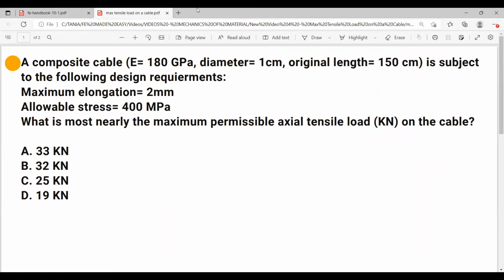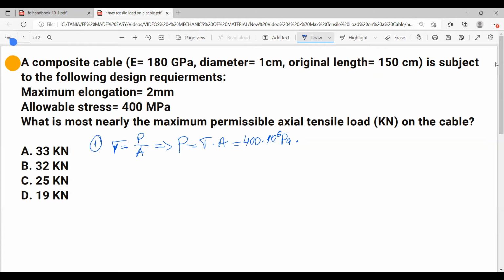So we know that the stress equals the load over the area. And from here, the load equals the stress times the area, which equals 400 times 10 to the 6 pascals times the area, and we have to work in meters.